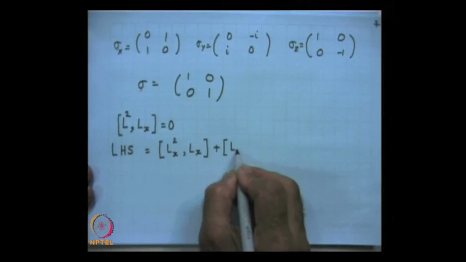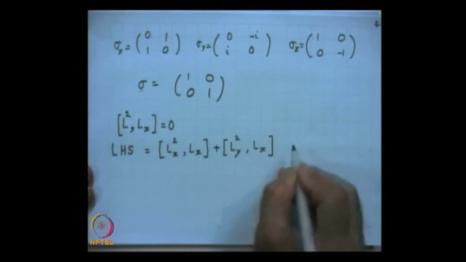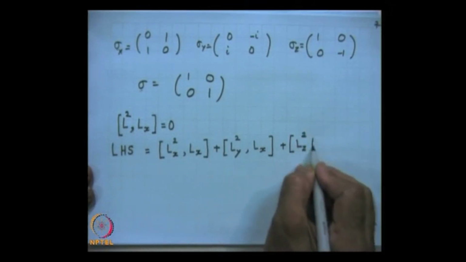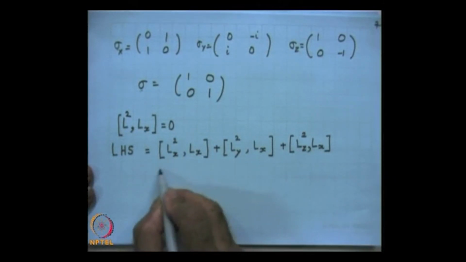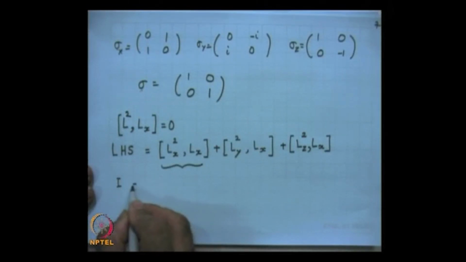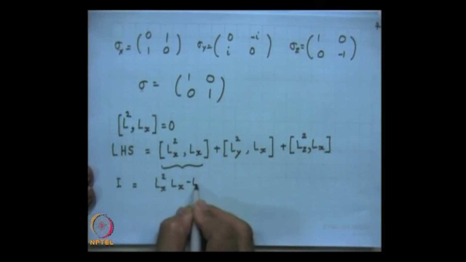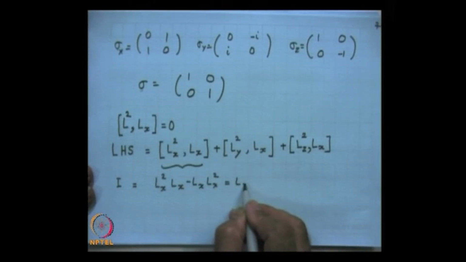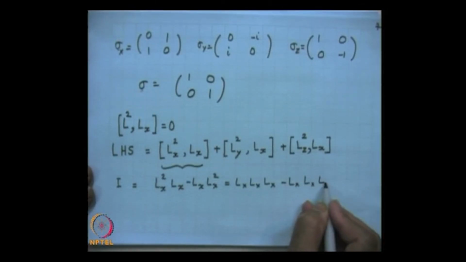So, L square commutator Lx is Lx square with Lx, plus Ly square with Lx, plus Lz square with Lx. Now, the first term is obviously 0, because it is Lx square Lx minus Lx Lx square, so this is Lx cubed minus Lx cubed, which is 0.